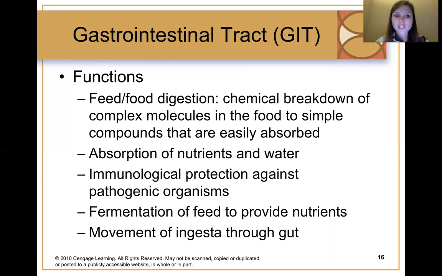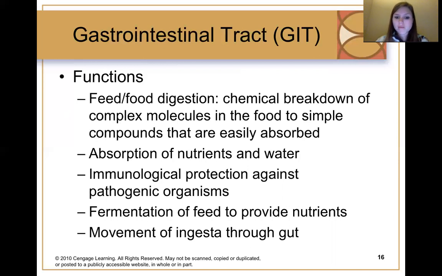Your digestive system is almost kind of still considered the outside of your body, because if you think about it, it's basically one long tube from end to end. And so anything that's going to get into your body would kind of come from your digestive system if you're eating it, right? Unless you have a cut or something like that.